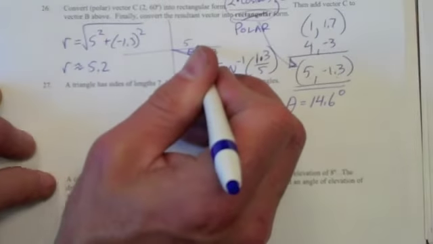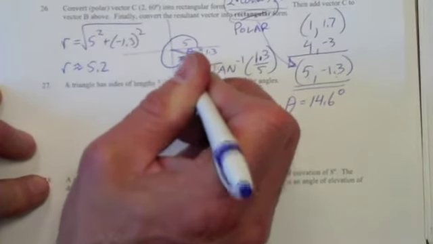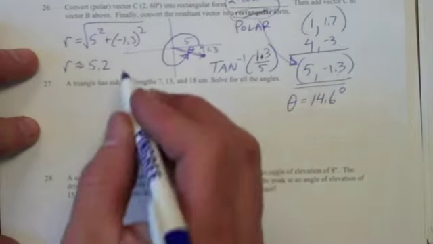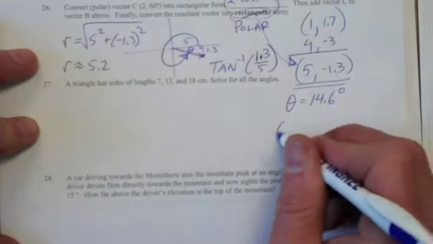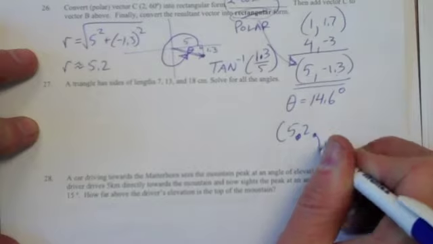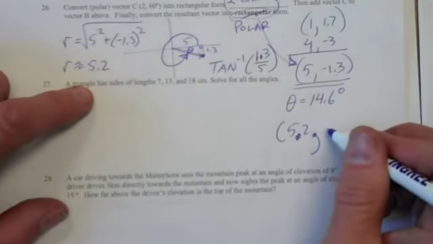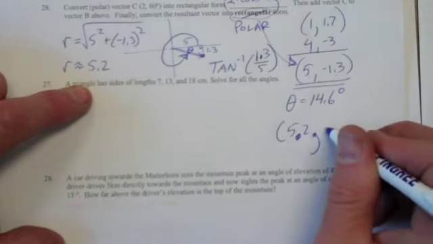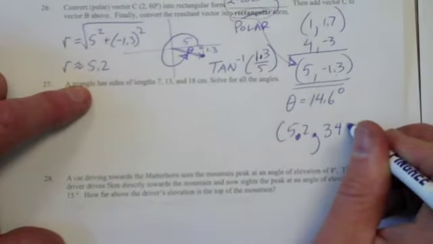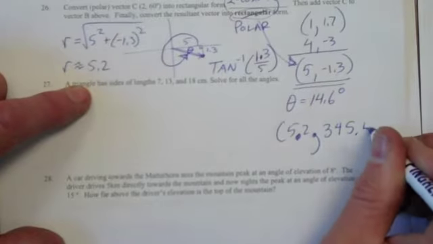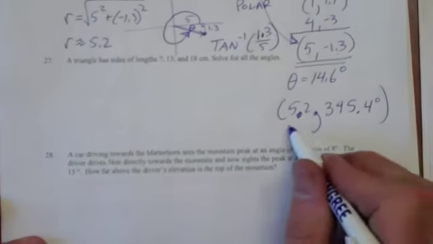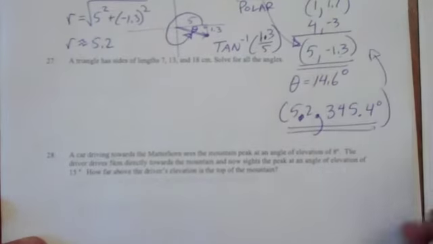Well, for polar, I go all the way around except for that 14.6 degrees. So my final answer will be 5.2, comma, and 360 minus 14.6 will be 345.4 degrees. Okay, when I've taken away 14.6. That's the answer for this number up above.